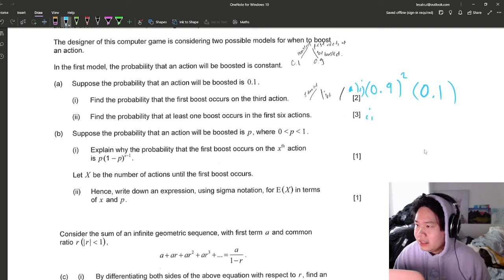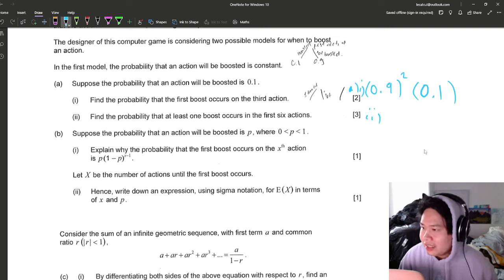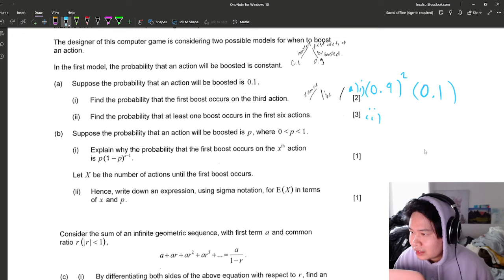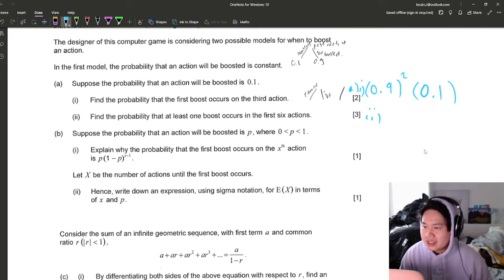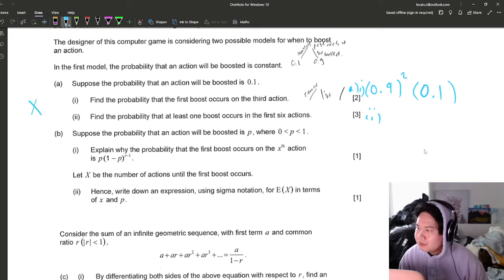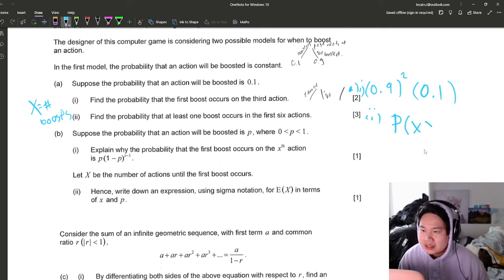And then II. Find the probability that at least one boost occurs in the first 6 actions. So, let's say X is the number of boosts. Then we are finding the probability that X is at least 1.